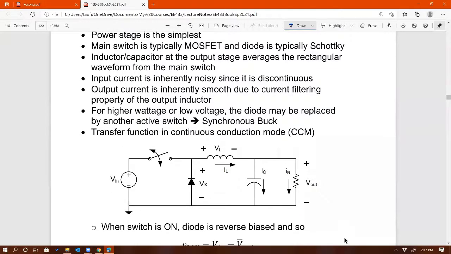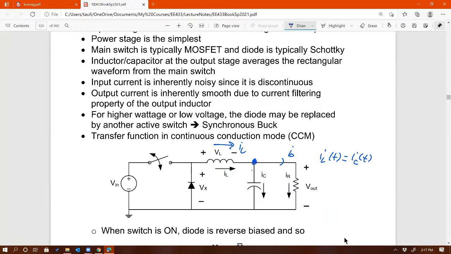For a buck converter, you can see that IL average right here. This is our IL. The average value of IL must equal the average value of I out. For those of you who took 410, you already know this. By KCL at that node, I know that IL of t is equal to IC of t plus I out of t. But if you take the average value of this, the average value of IL should be equal to the average value of capacitor current plus the average value of the output current.